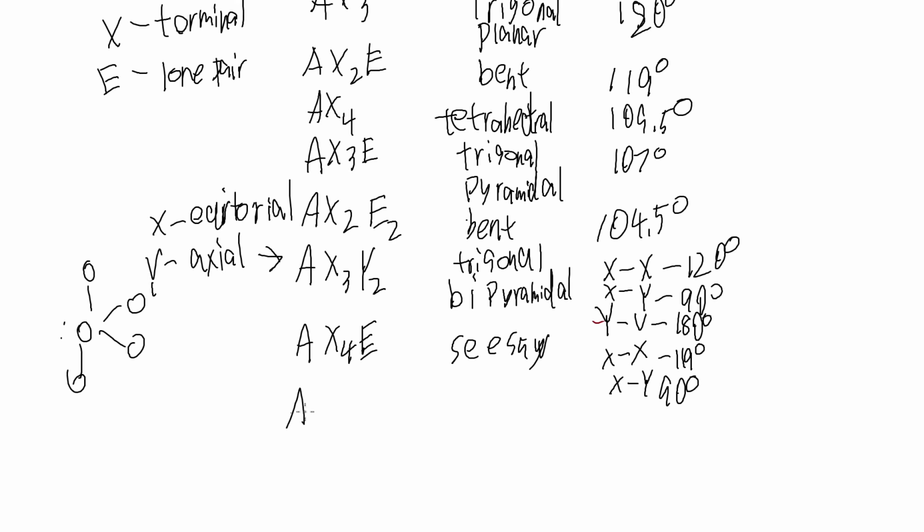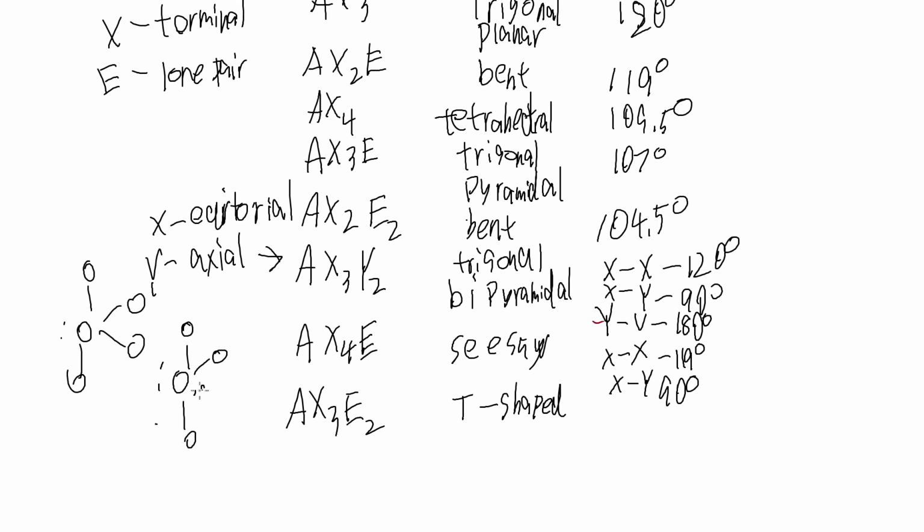Now, if we go AX3E2, this is what's known as T-shaped. The reason why this happens is because AX3E2 looks a little bit something like this, where the lone pairs actually take the equatorial positions now, and it actually did before.